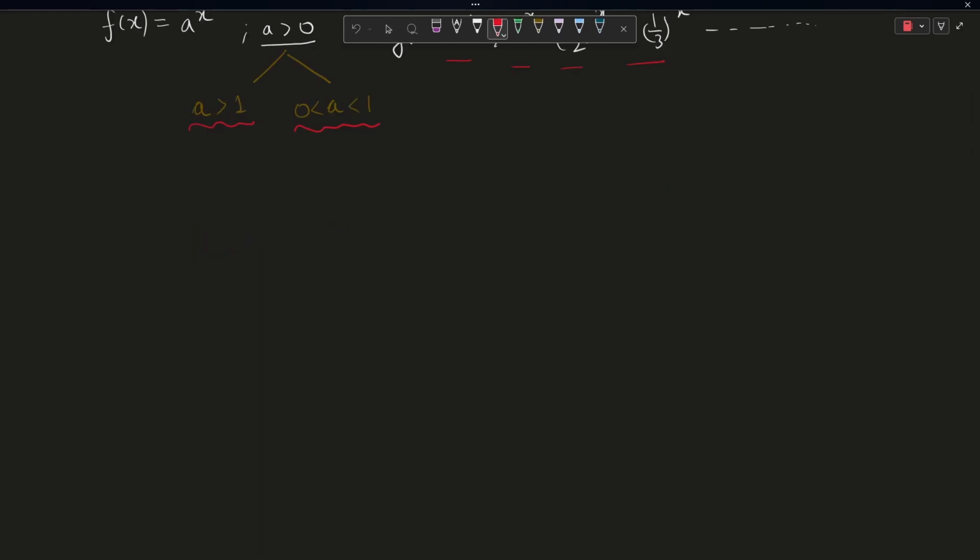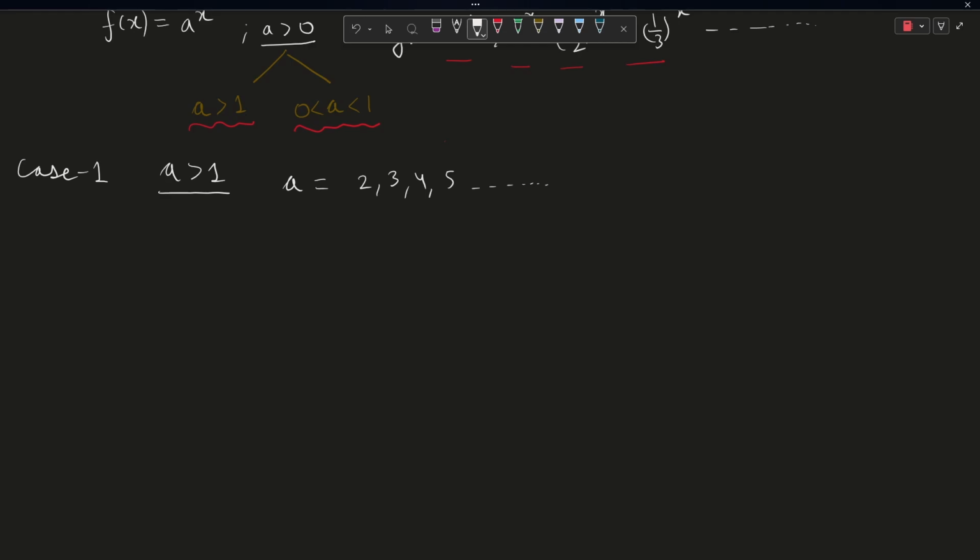So let's take case 1. In case 1, I'm writing a greater than 1. When I say a greater than 1, then the values of a could be 2, 3, 4, 5, and so on, right?